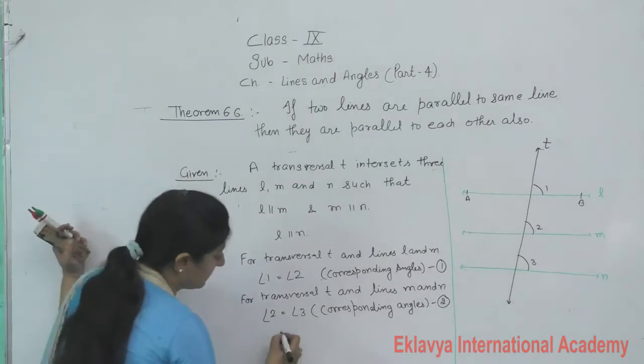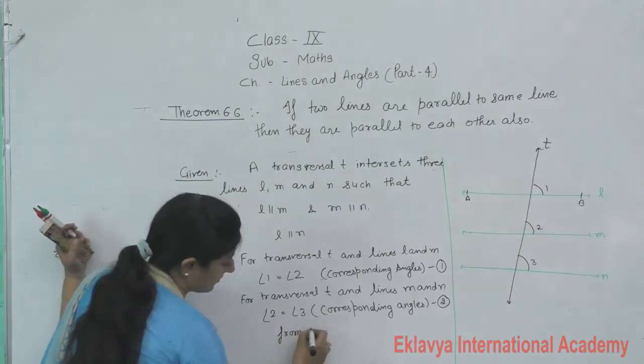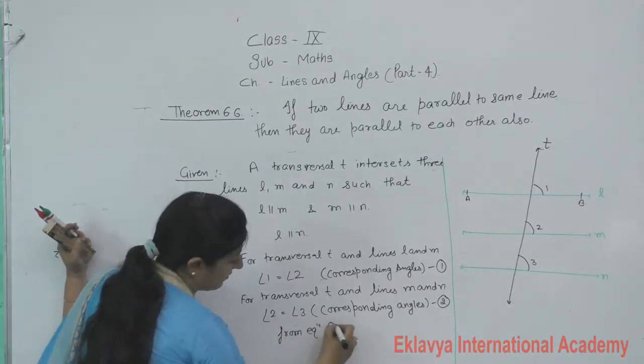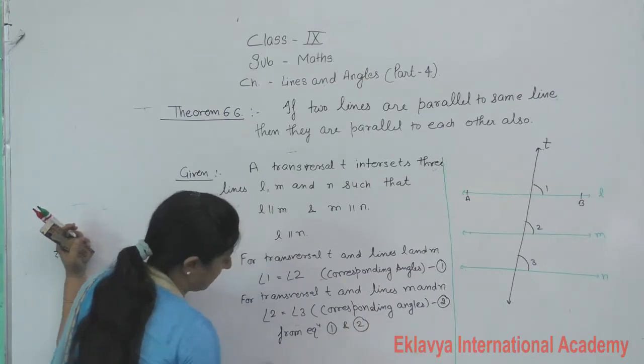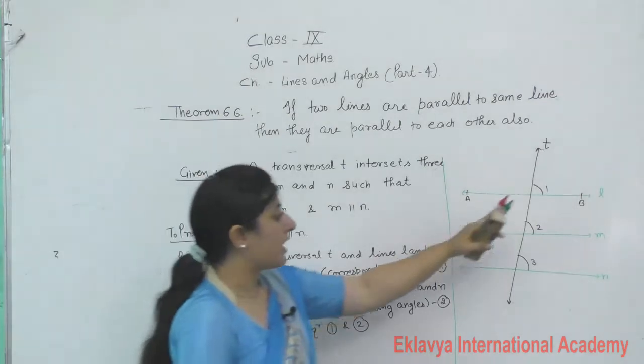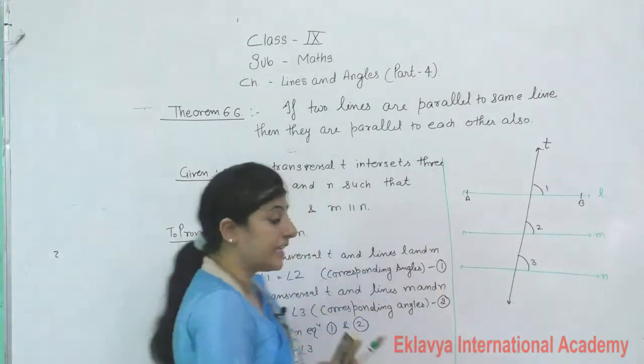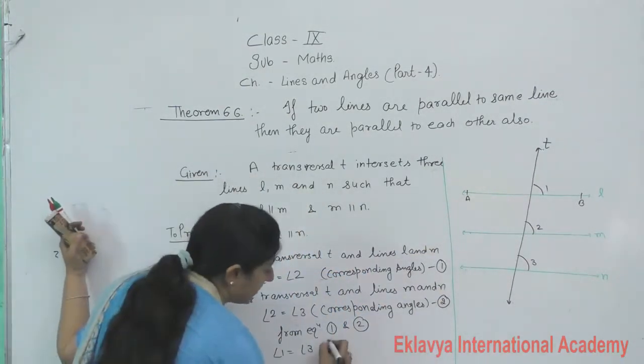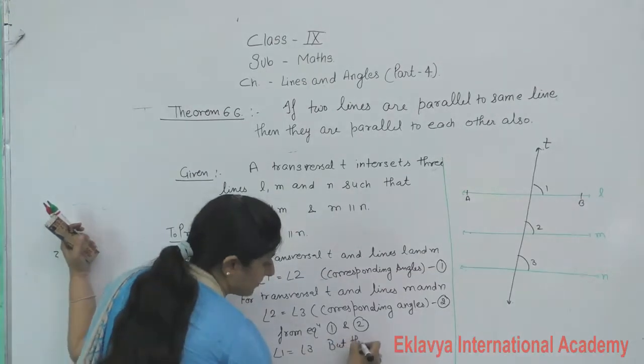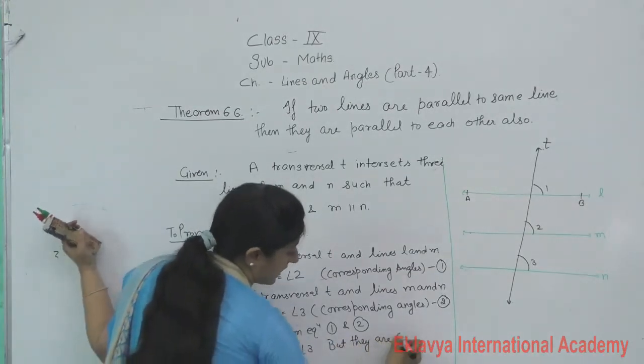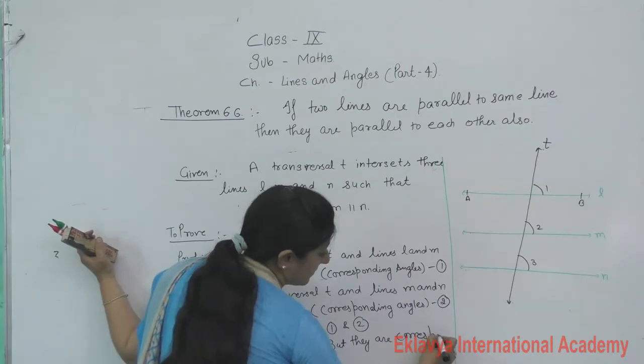Now from equation first and second, we can write down angle 1 equals angle 3. Yes or no? Angle 1 is equal to angle 3. Same, but they are corresponding angles.